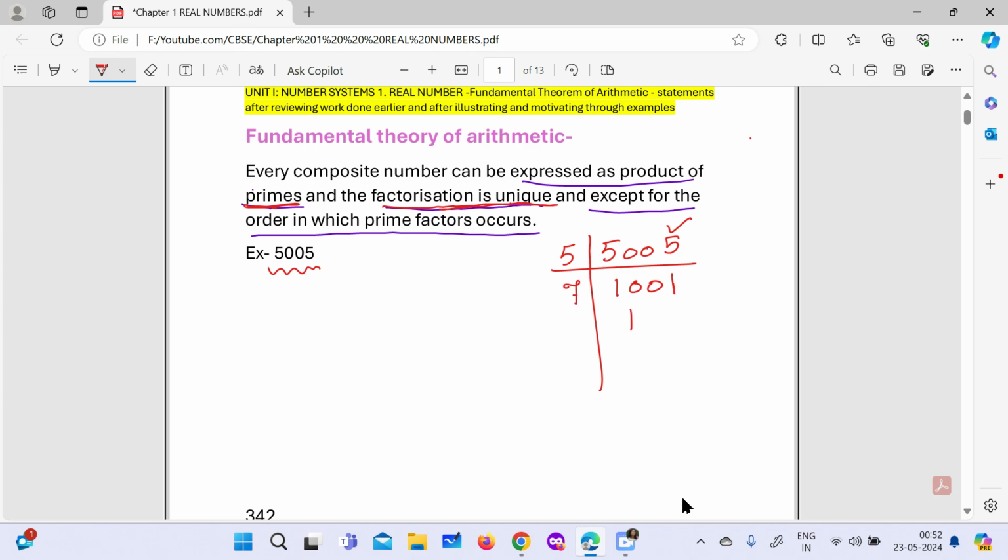Now 143 is divisible by 11, giving 13, and 13 is prime. So we can write 5005 as 5 times 7 times 11 times 13. This is the prime factorization of 5005.